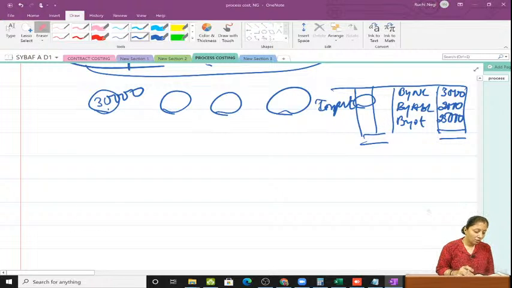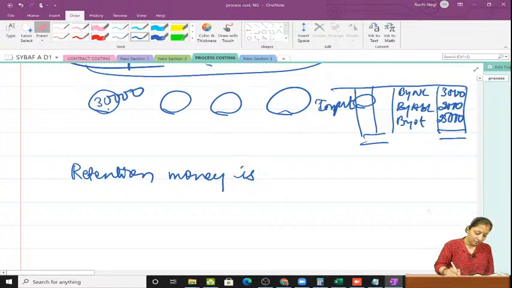Okay. Now with respect to contract, I can also ask you, I had spoken about retention money when I was revising with you. So can anybody tell me retention money is equal to what?